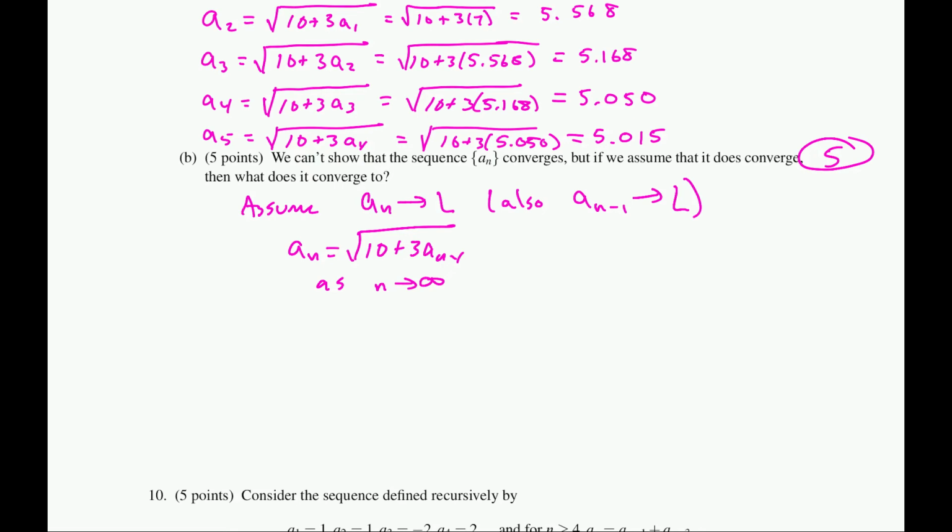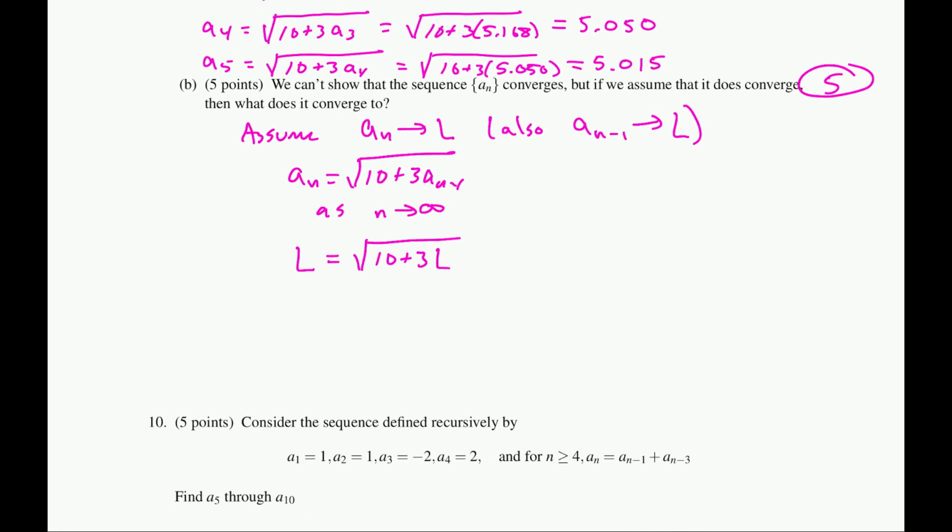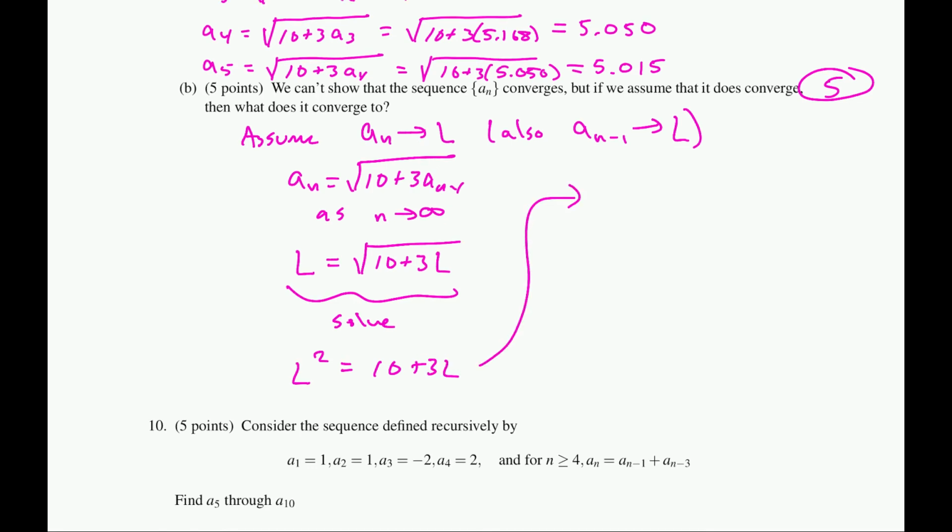So the an here is going to be L, and the an minus 1 is also going to be L. So you get this equation here, and then this equation can be solved. So you just solve this. So how would you solve it? Well, square both sides like that. Put everything on one side of the equal sign.